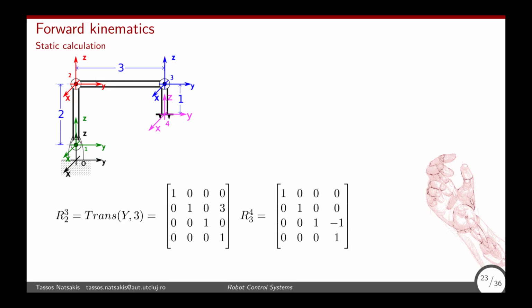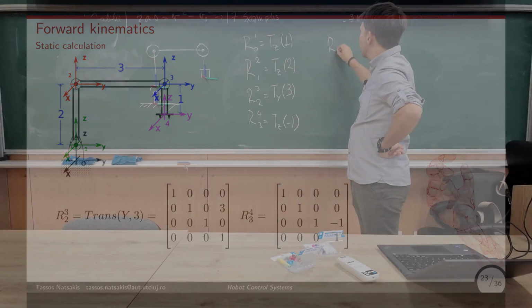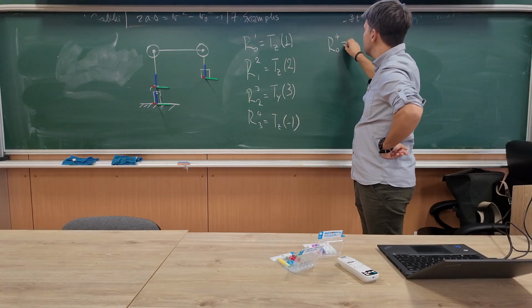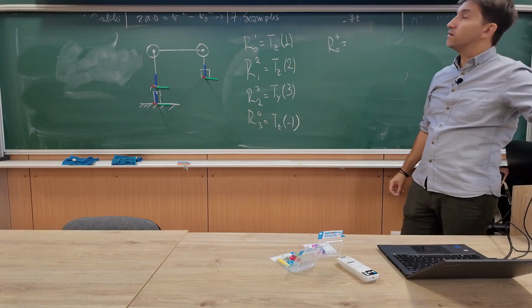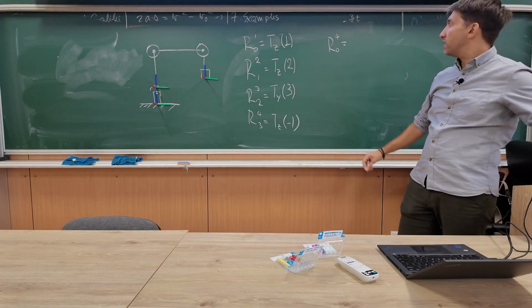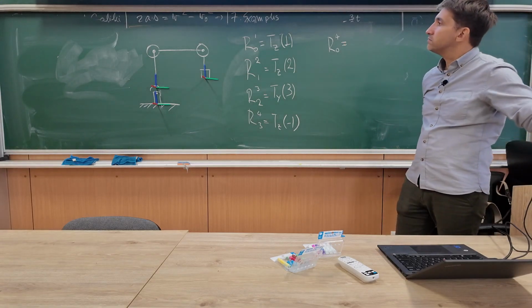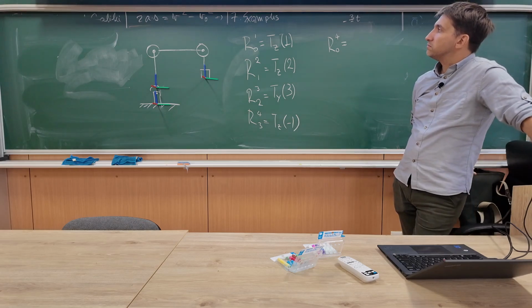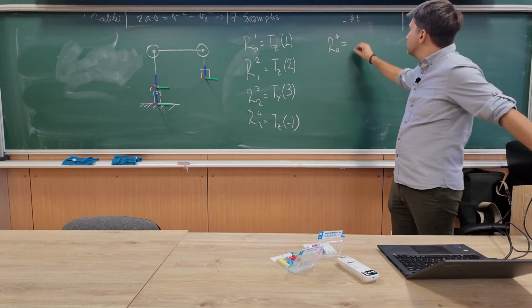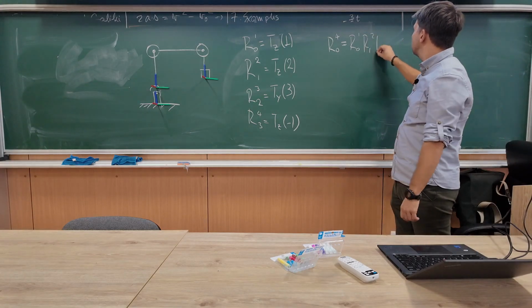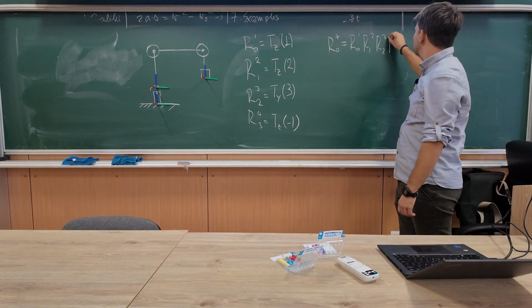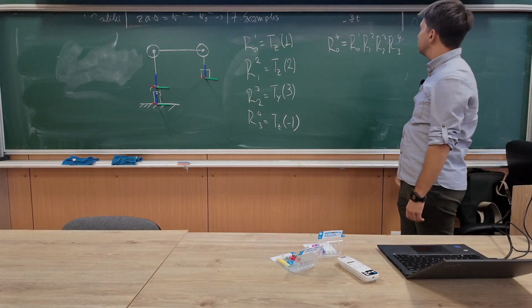Good. How do I calculate the overall transformation from 0 to 4? This is my forward kinematics. Multiply them. How? From 0, so R01 times R12 times R23 times R3. Like this?